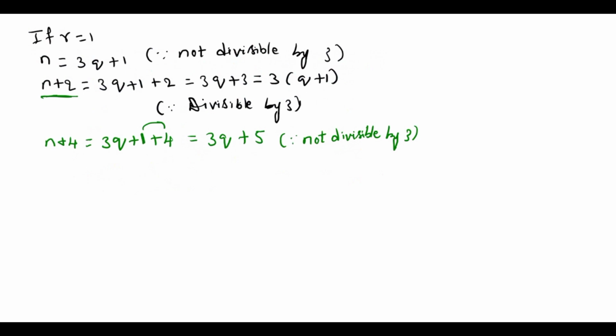So the third case we will check now. If r equals 2, because there are 3 possible cases, right? When dividing by 3, the 3 possible remainders you will get are 0, 1, 2. So 0 completed, 1 completed, now the last case 2 we are taking. That means n equals 3q plus 2, correct?